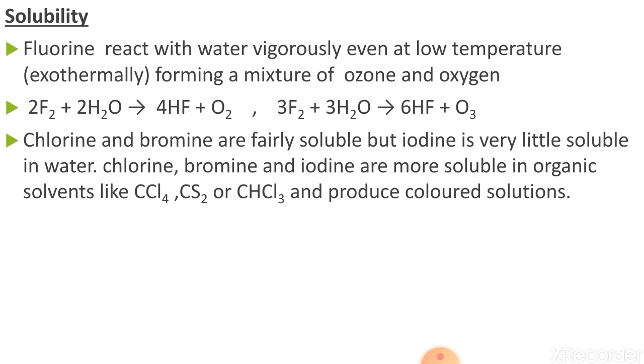However, this solution behaves as a simple mixture of KI plus I2 and contains K plus and I minus ions and free I2. That's why it has brown color. So this is also about the solubility of I2 in water.